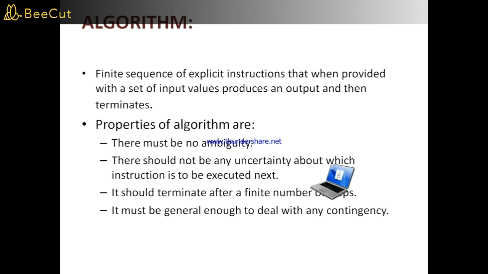Let me give a small example: two different recipes for preparing tea. Our problem is preparing a tea. So what is the recipe for preparing tea? We have different solutions.